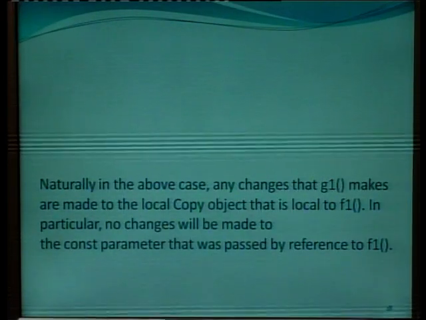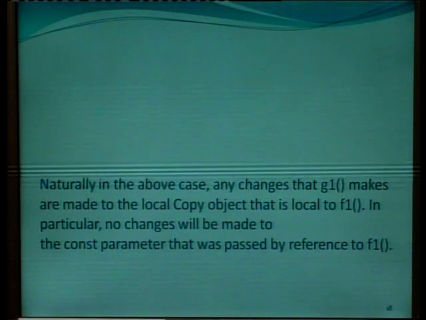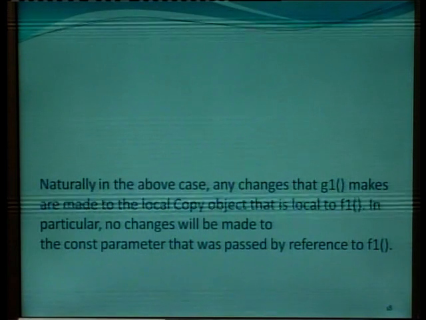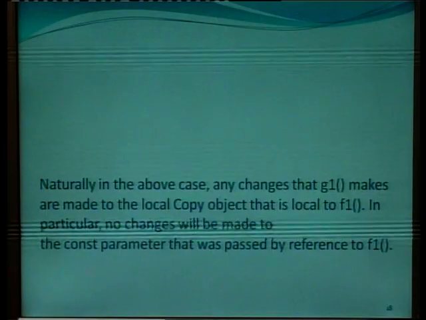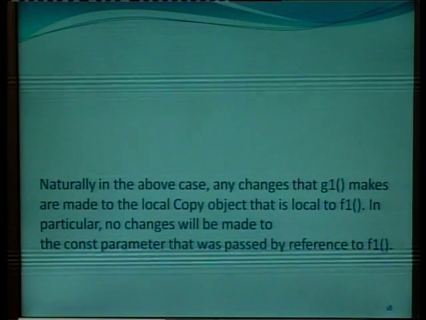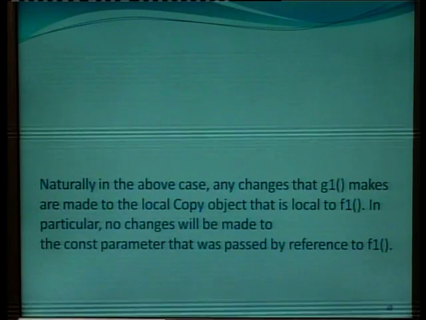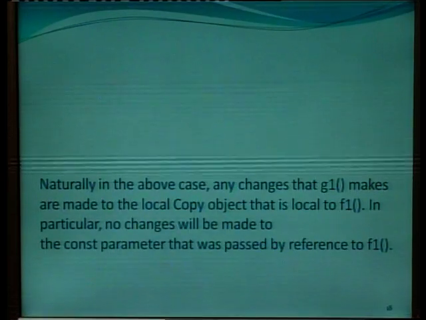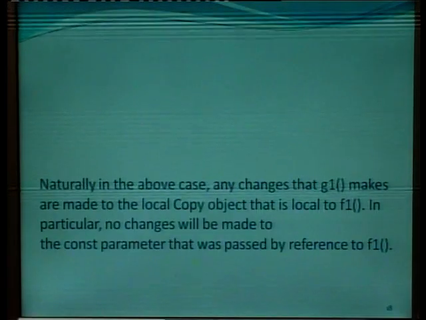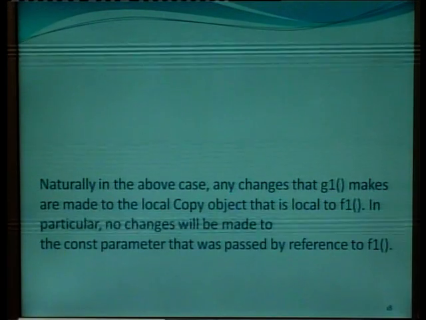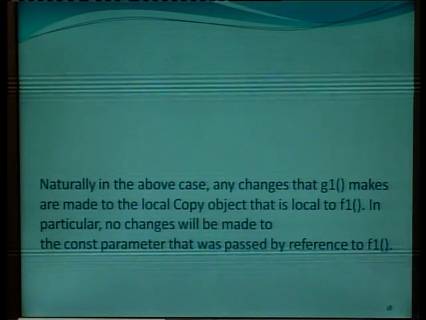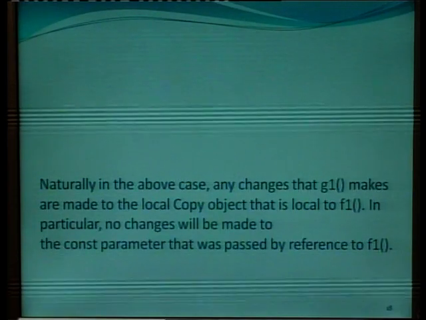Any change g1 makes is made to the local copy object, the local copy of f1 in particular. No change will be made to the constant parameter that was passed by reference to f1.